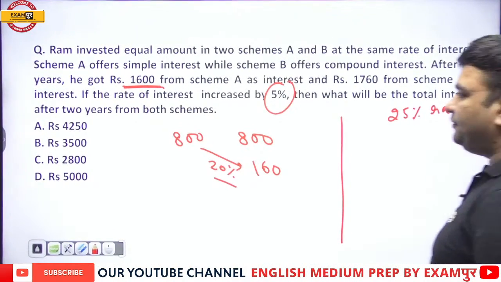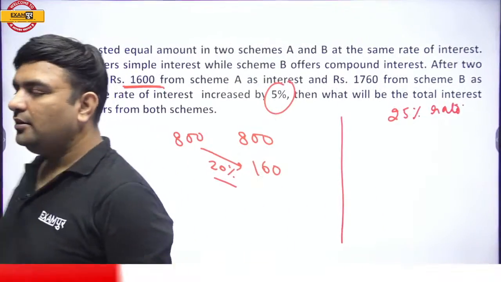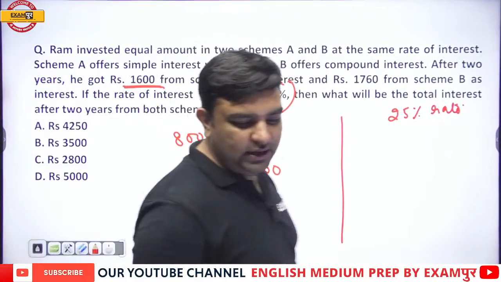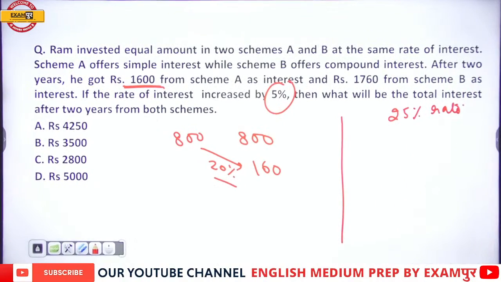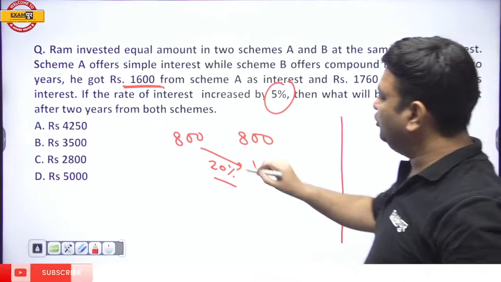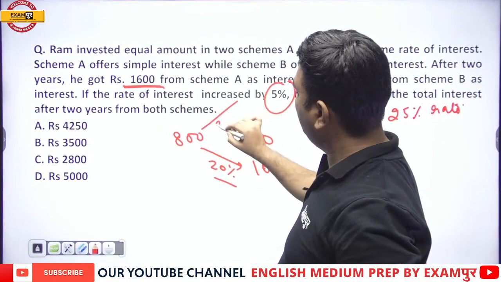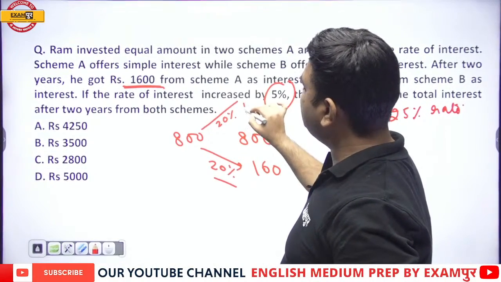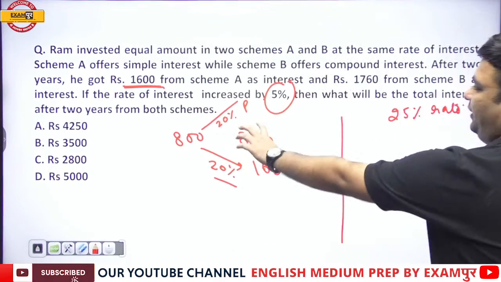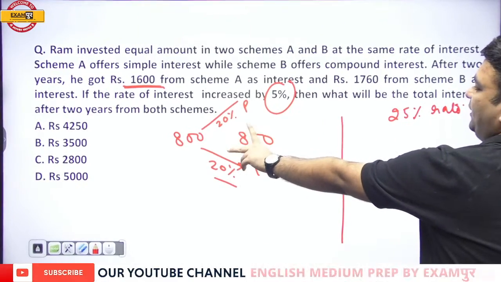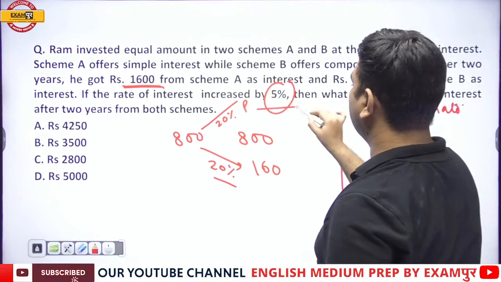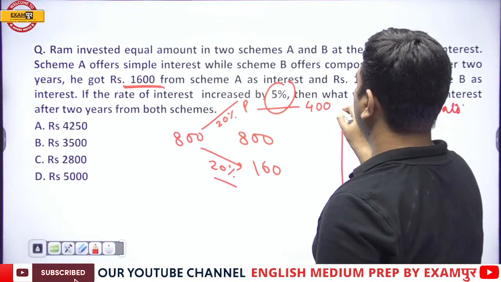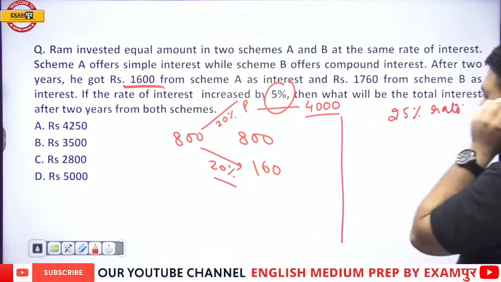What would be the total interest from both the schemes? You can find out the principal from here as well. Principal 20% is 800, so the principal is 4,000.